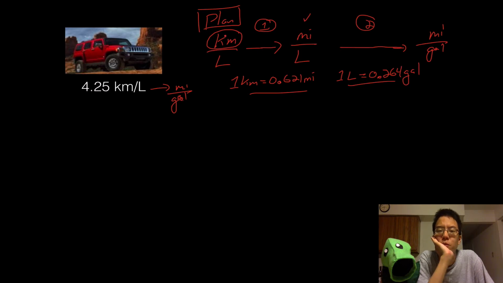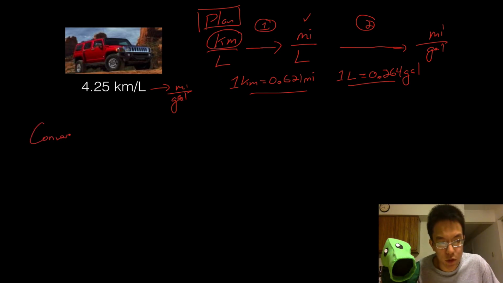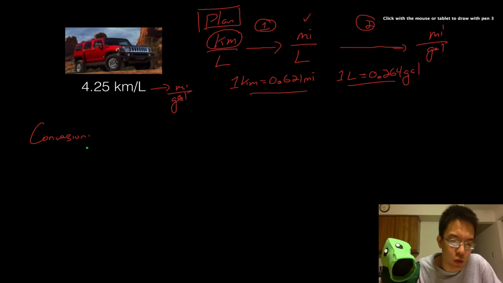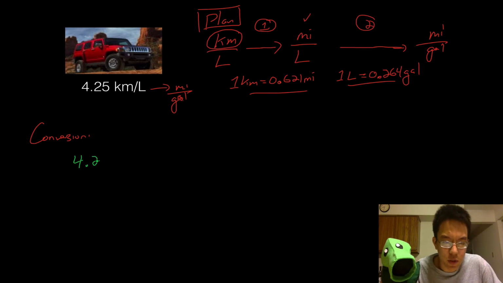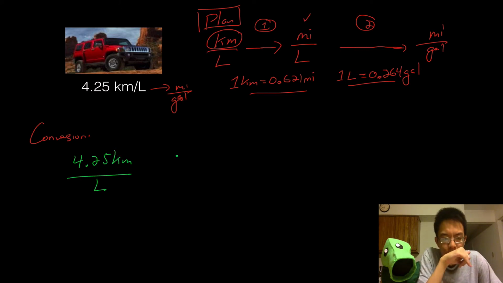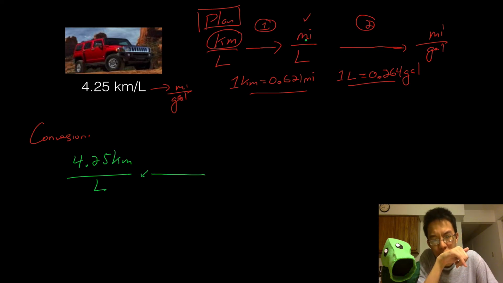My plan is going from kilometers per liter to miles per liter, then from miles per liter to miles per gallon. Alright, let's get ready to convert. Starting off with 4.25 kilometers per liter, I want to go to miles per gallon. The first step is from kilometers per liter to miles per liter.